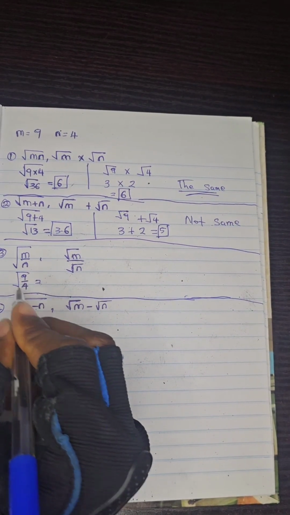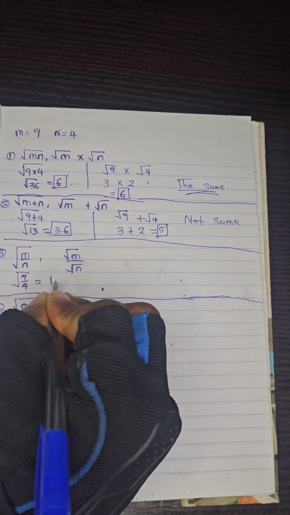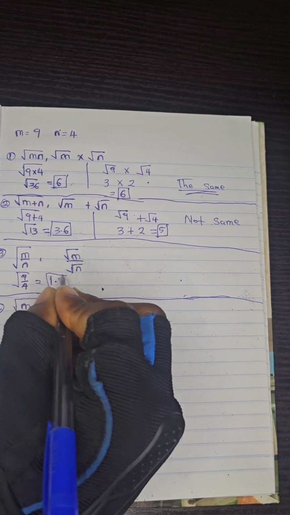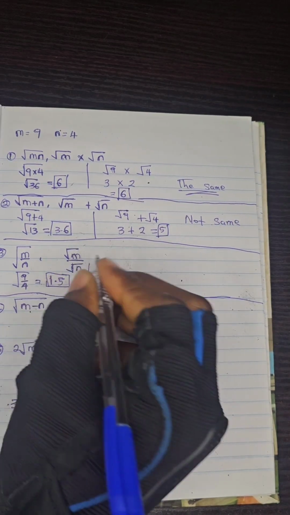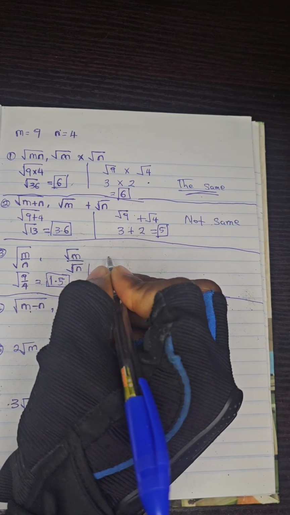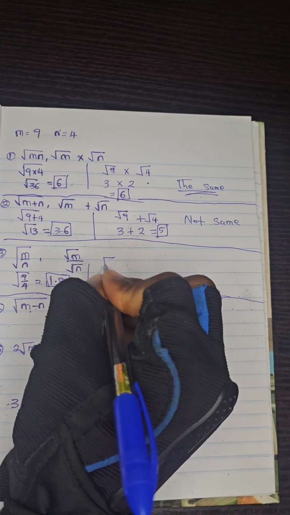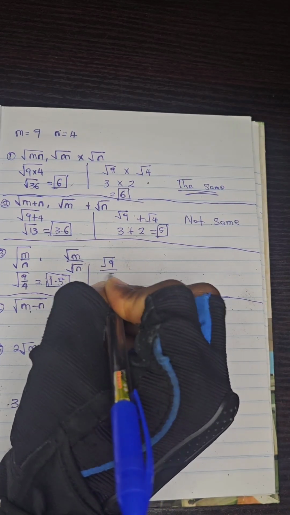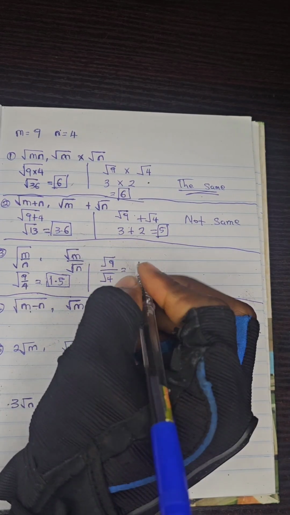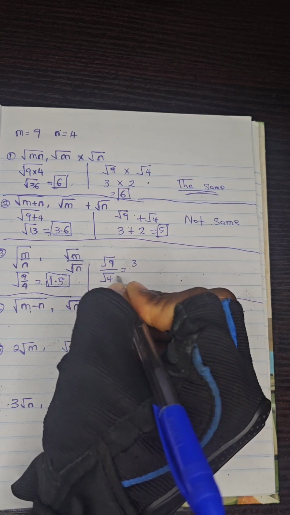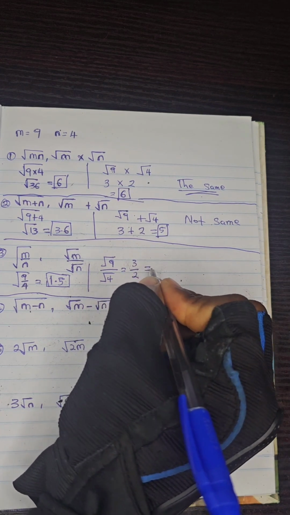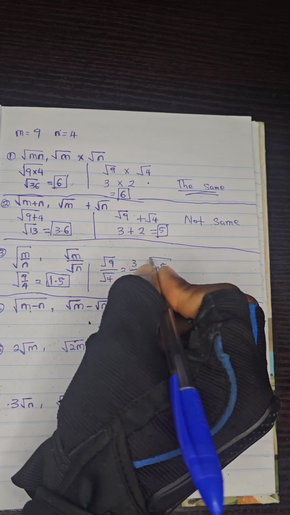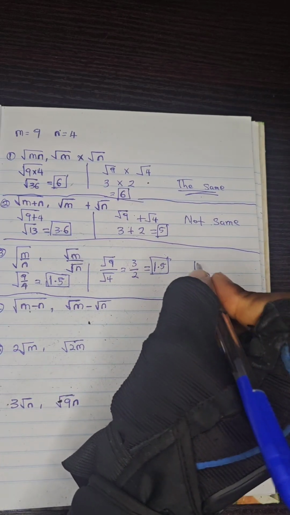Square root of 2.25, you will get 1.5. This is the answer you're going to get. While on the other hand, for this one, you have square root of 9 all over square root of 4, square root of 9 is 3, square root of 4 is 2. So if you change 3 over 2 to a decimal number, it will still give you 1.5. So this is the same.